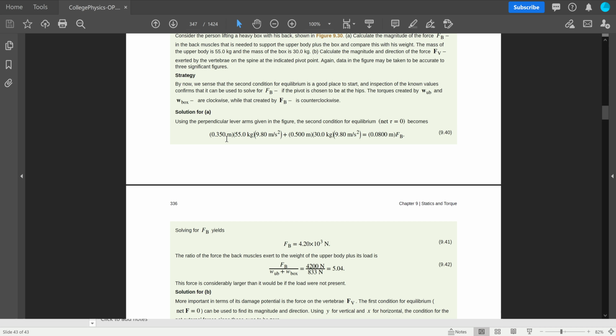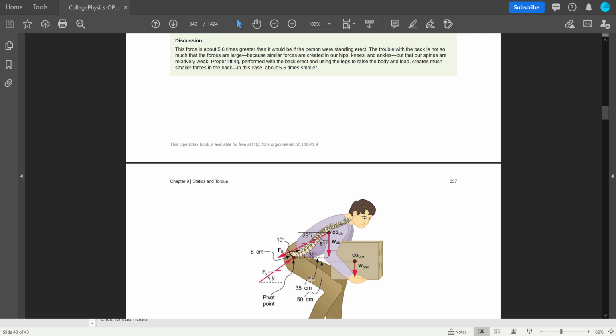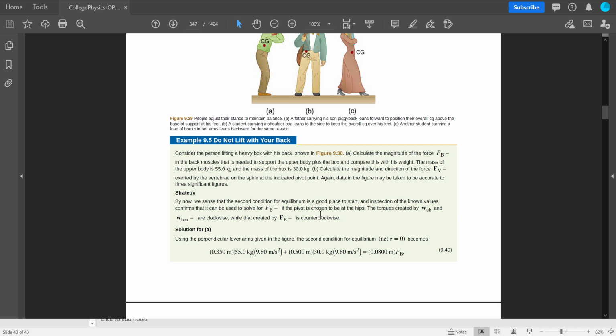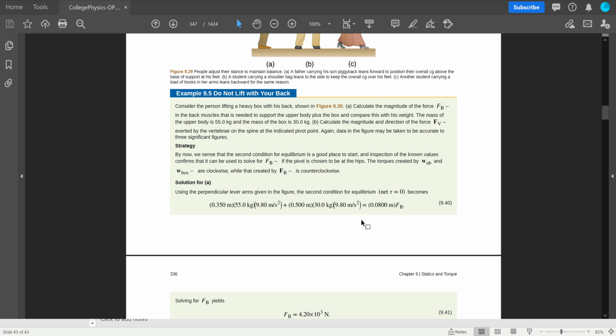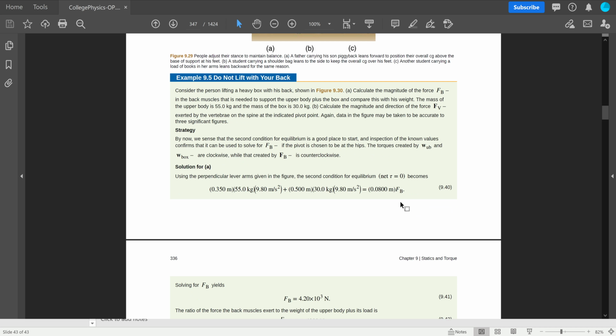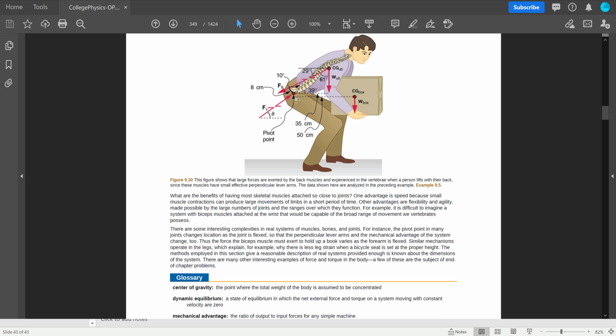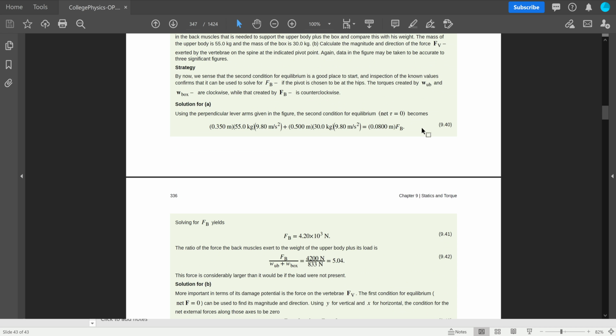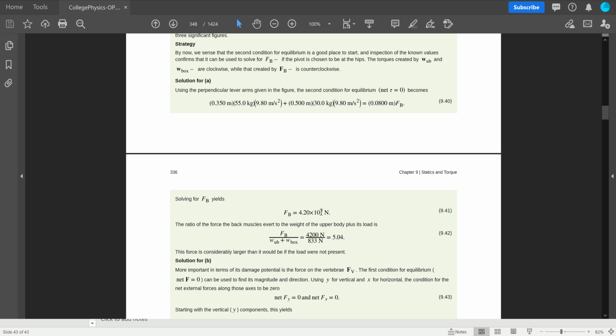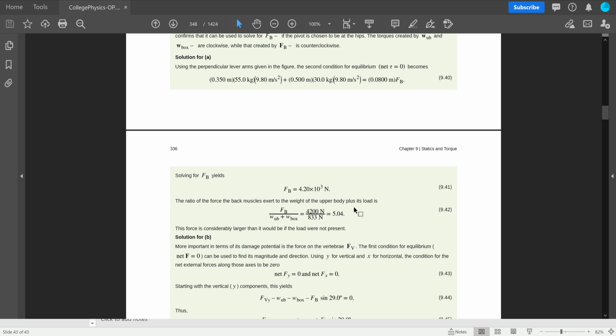And we also know that it's at 0.35 meters, 35 centimeters, times 9.8, plus 0.5 being the distance of the box from the pivot, times its mass times its gravity, equals our 0.08 meters times our FB, force on the back, given right here. So we find FB to be 4.20 times 10 to the third newtons.